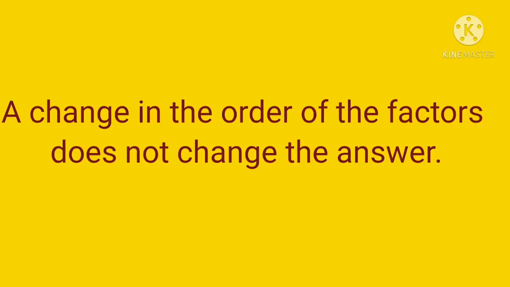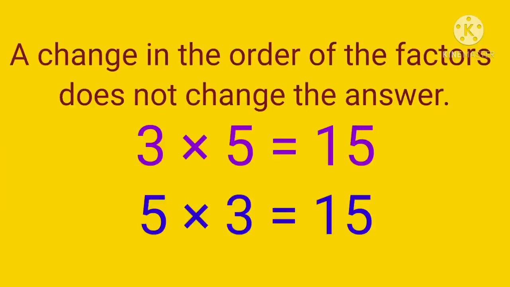A change in the order of the factors does not change the answer. For example, 3 multiplied by 5 is 15 or 5 multiplied by 3 is 15.